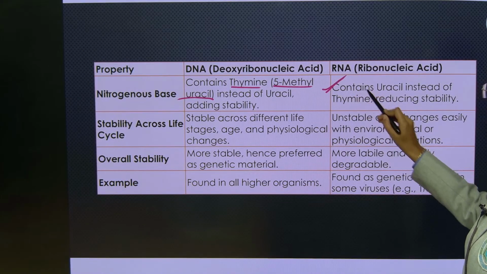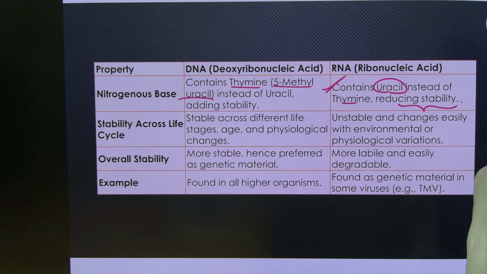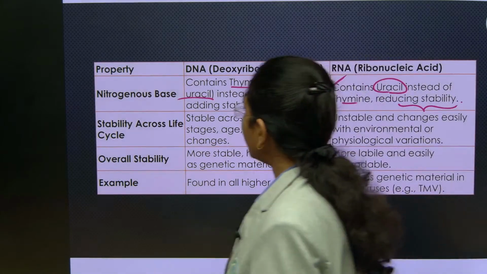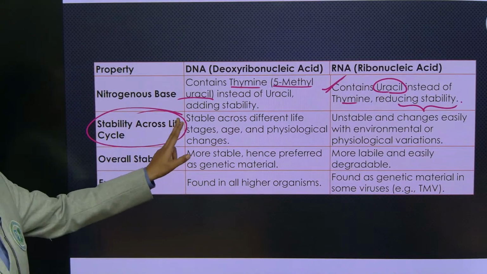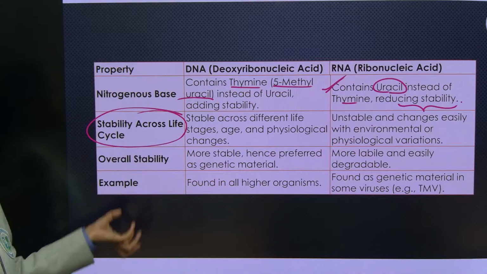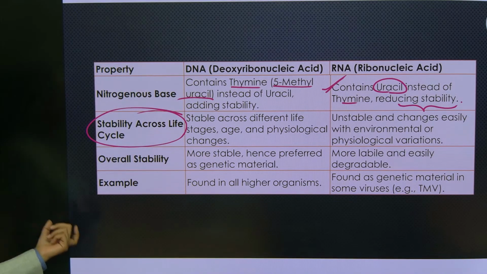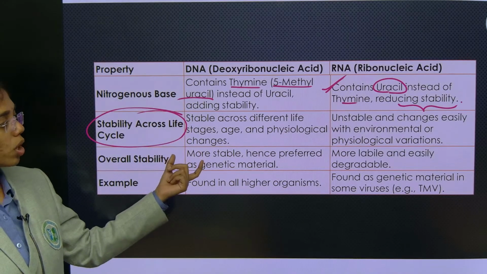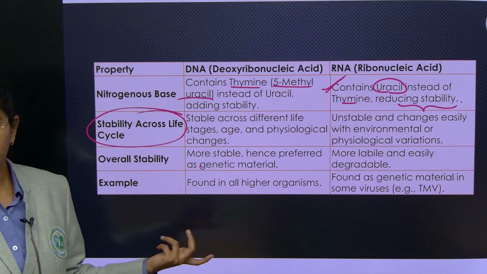And RNA containing uracil instead of thymine reduces the stability in RNA. Next, stability across the life cycle. DNA is stable across different stages, age and physiological changes, whereas RNA is unstable, we know. Next, overall stability. DNA is more stable, whereas RNA is more labile and easily degradable.